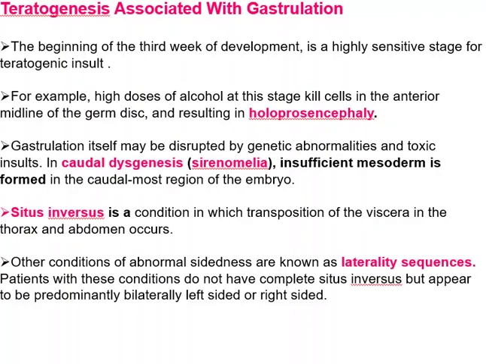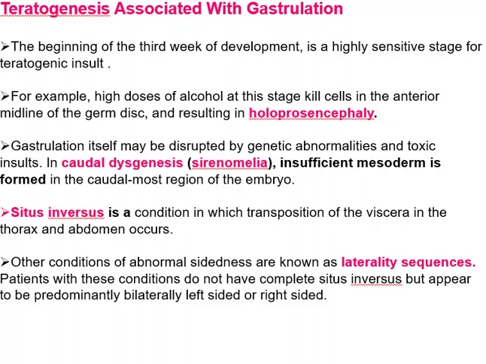Also, situs inversus, and this is a condition where transposition of viscera of the thorax and abdomen may occur. That means the right side becomes the left side and the left side becomes the right side in case of situs inversus. Also, other conditions of abnormal sidedness may be known as laterality sequences.